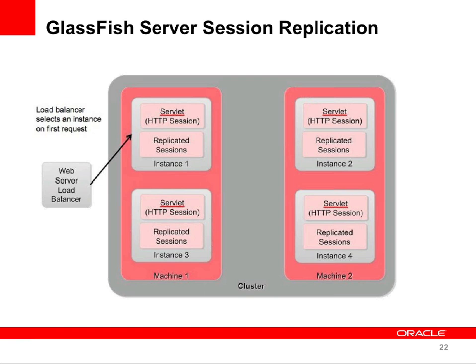Okay, so this is an example of actually failing over. On the first request, the load balancer is going to pick an instance to handle an HTTP request. We provide two load balancing algorithms. The first is simple round robin.